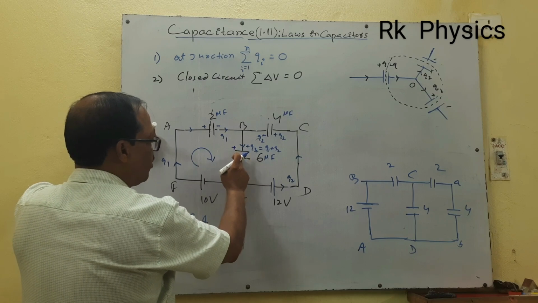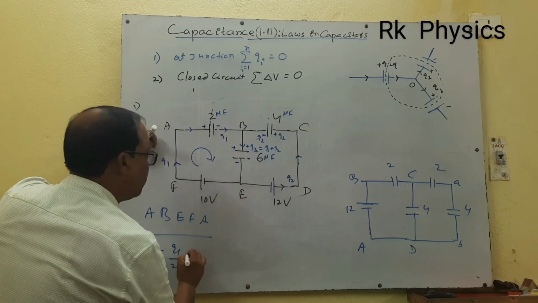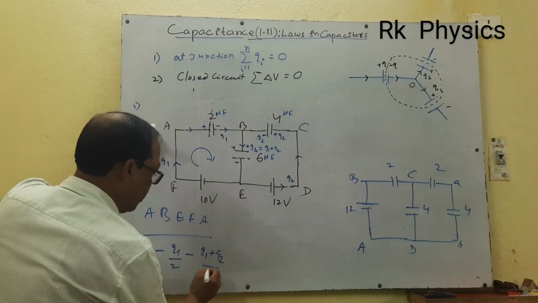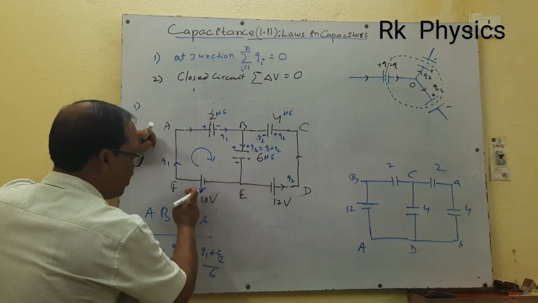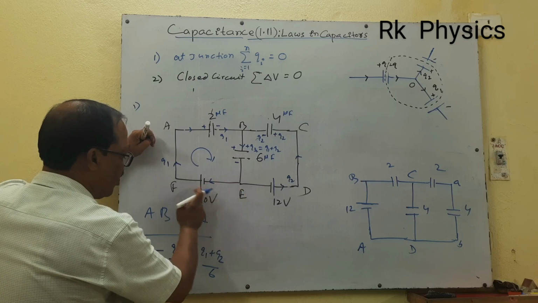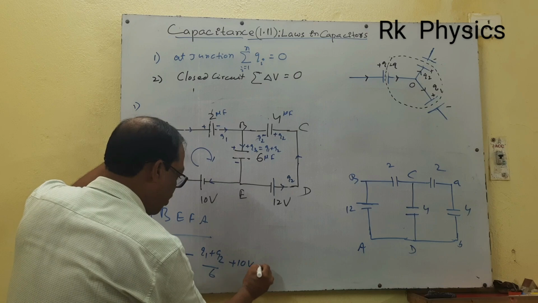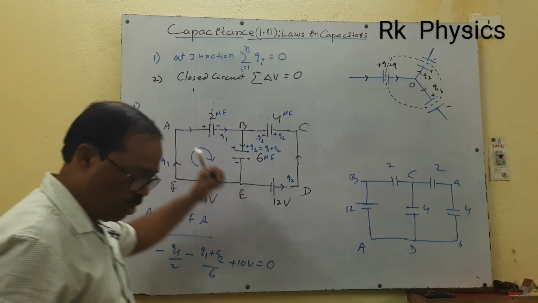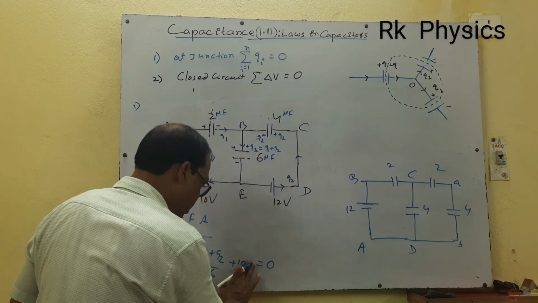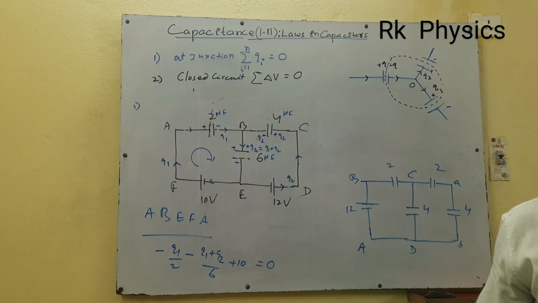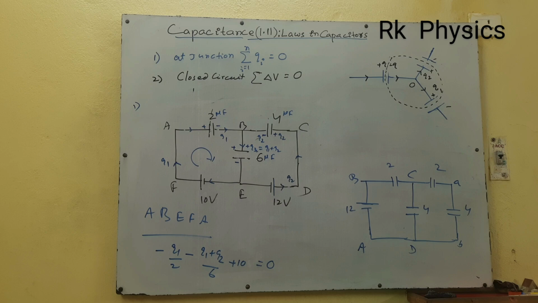Then again minus, Q1 plus Q2, that is Q3 divided by 6. Then coming here, current flows from negative to positive, so this is plus 10 volt, that equals 0. You need not write units. So plus 10 equals 0. This is your result.